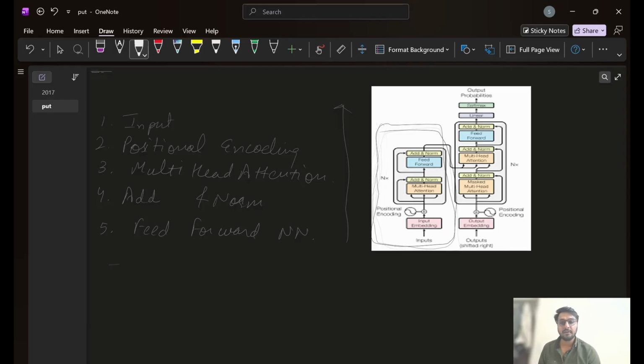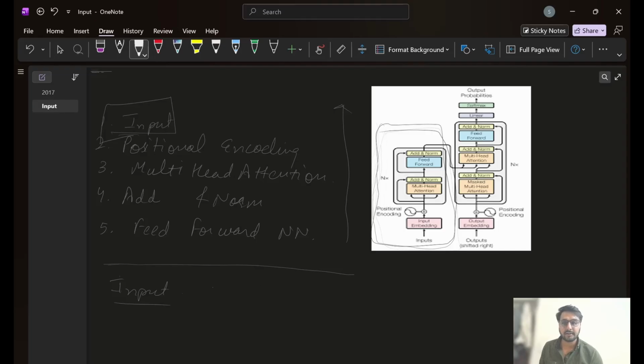So first of all, the very first thing I want everyone to know is that machines cannot understand text data, and using this architecture we are only working with text data. Let's suppose we have a large amount of text data. To understand the input part, what is the input for this architecture?